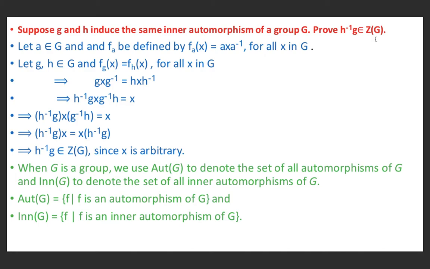Z(G) is nothing but the center of a group G, and it consists of all those elements of the group which commute with every element of G. Let a belong to G and F_a be defined as F_a(x) equal to a x a inverse for all x in G. Let g, h belong to G and F_g(x) is equal to F_h(x) for all x belonging to G. It means F_g(x) will be equal to g x g inverse and F_h(x) is equal to h x h inverse by this definition.